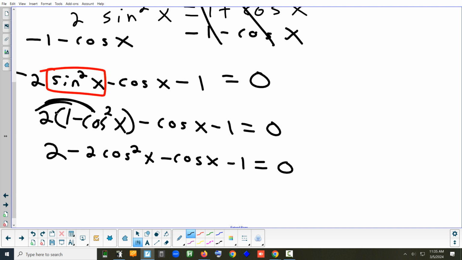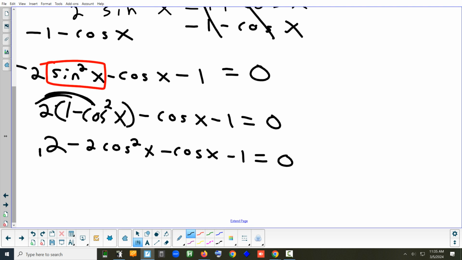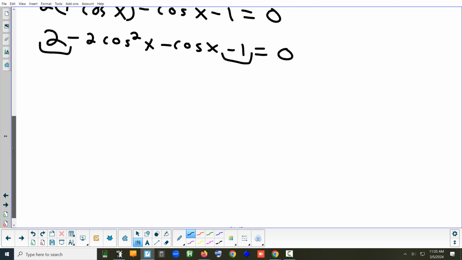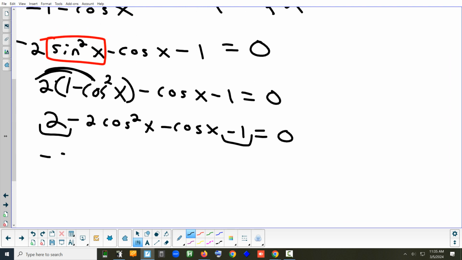I do that at the same time. We didn't, so now we got to do it. The constant is 2 and a minus 1. What do you get when you combine those together? 1. Yep. So now we got to write that down. Negative 2 cosine squared minus cosine x, and then 2 minus 1 is 1.